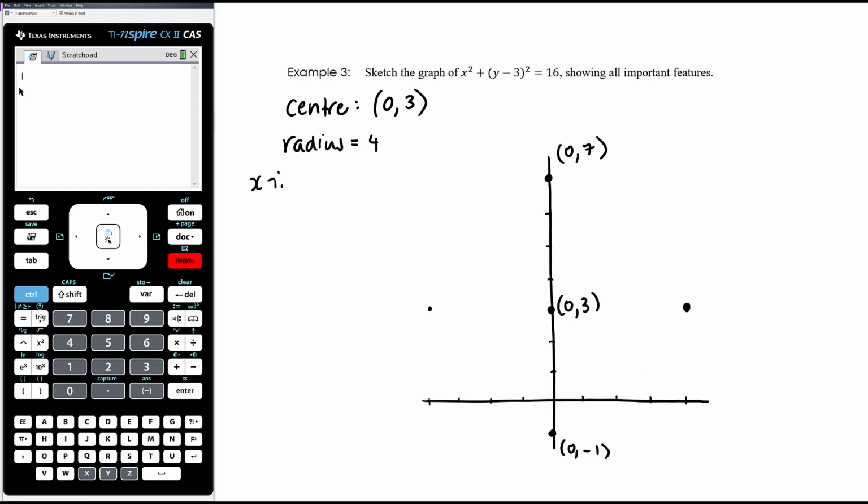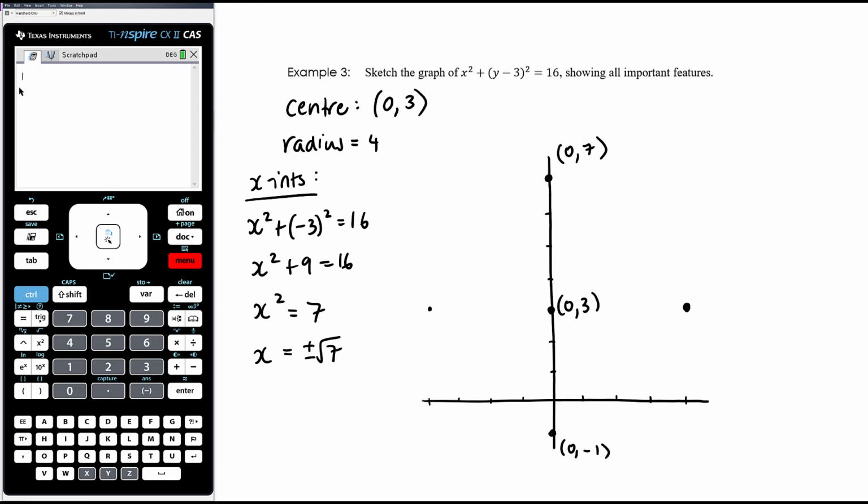So our x-intercepts, we let y equal 0, so x squared plus negative 3 squared equals 16, x squared plus 9 equals 16, x squared equals 7, and so x is plus or minus root 7. Now remember, root 4 is 2 and root 9 is 3, so root 7 is somewhere between there, closer to 3 than it is to 2.